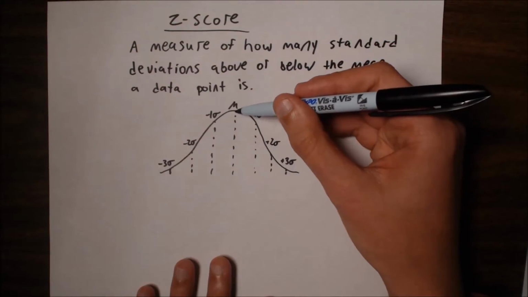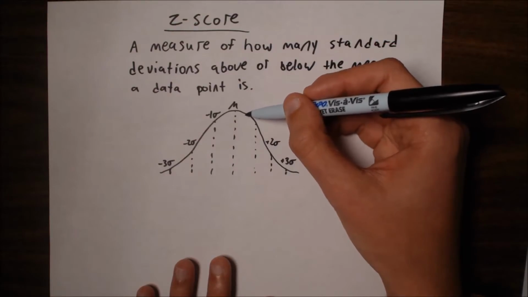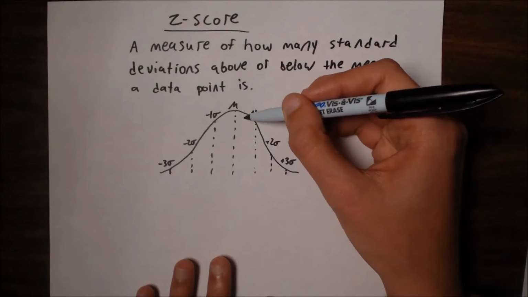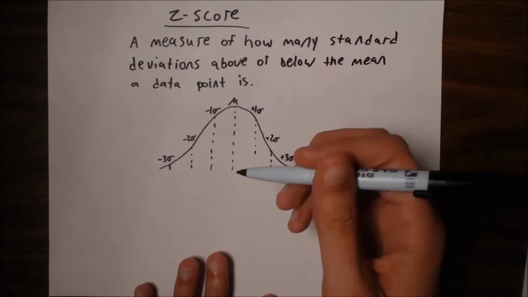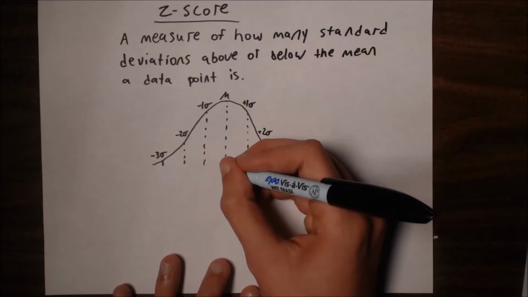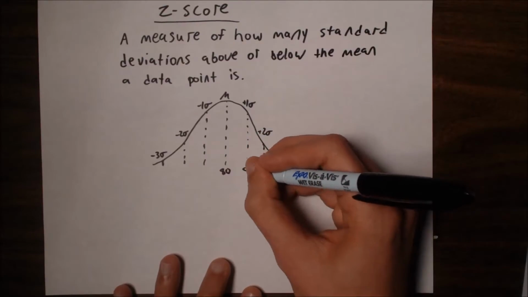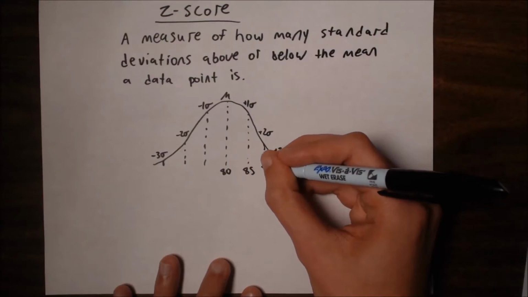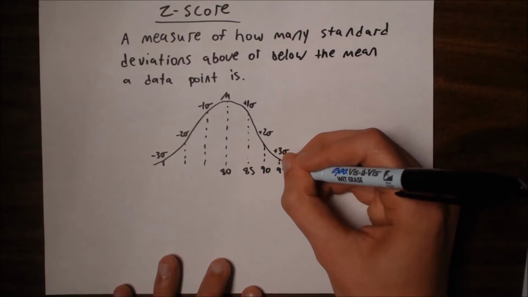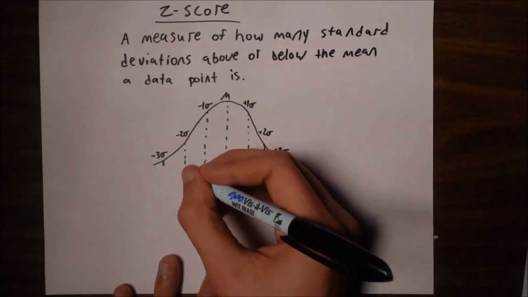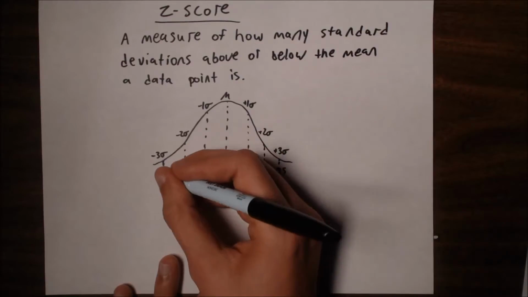So if you had a data point which was 1/2 of a standard deviation above the mean, okay? For example, maybe we're talking about test scores, and let's say the average was 80, and it was a 5-point standard deviation. So every standard deviation is another 5, right? And you can make up some numbers and figure out what the z-score is.